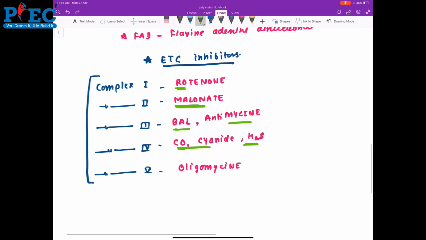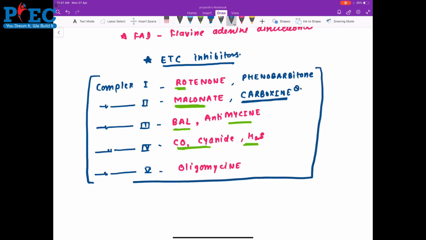Apart from this, there are a few more inhibitors that we should know. Complex 1 is also inhibited by phenobarbital. And complex 2 is also inhibited by carboxin. Among all these, carboxin is the most important one.